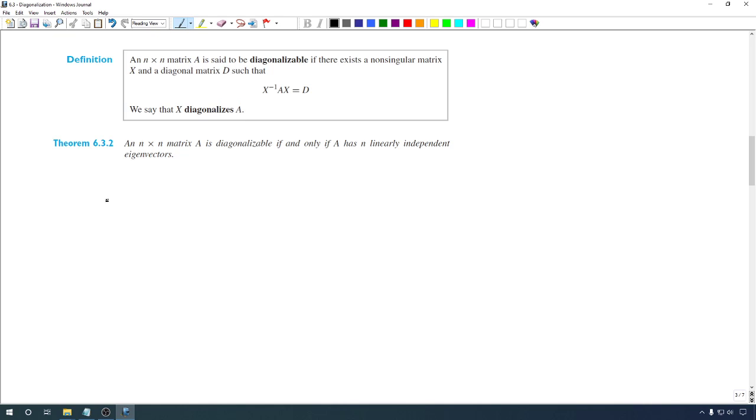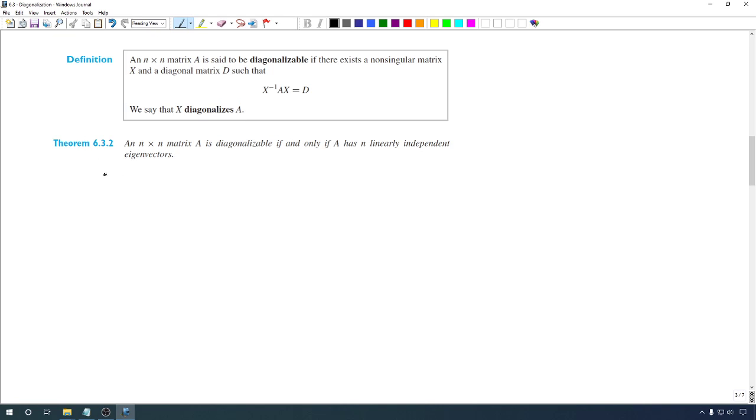So you probably already see here that D is going to be the matrix with the eigenvalues. But how do we get the matrix X? It's actually not as complicated as you might think.